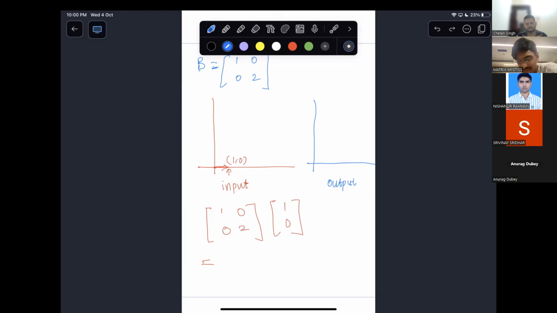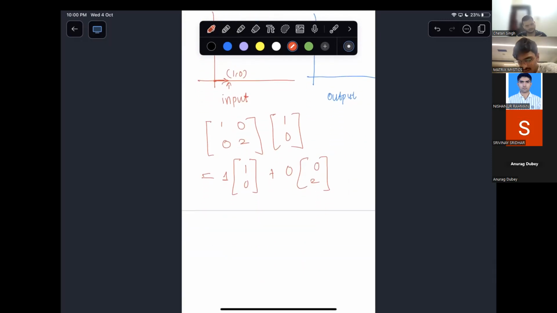We can verify that by multiplication. Just write it down: 1 times the column 1 0, plus 0 times the column 0 comma 2. This eventually comes out to be 1 0.